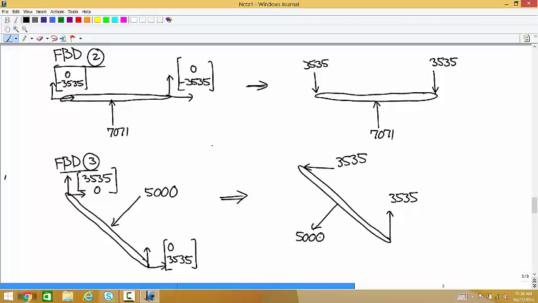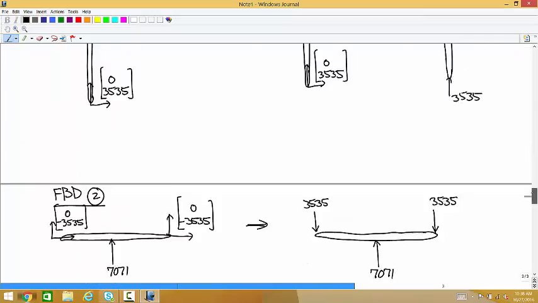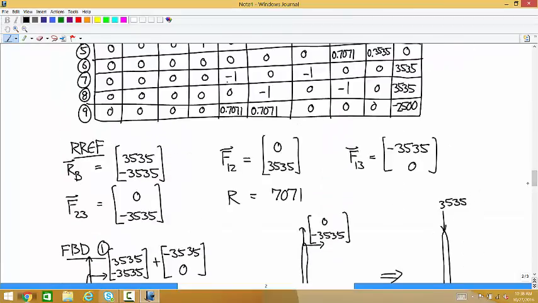Where 1 and 3 meet, wouldn't it be in the positive x direction? Where 1 and 3 meet, up at the top, we got a value for F13 of negative 3,535.